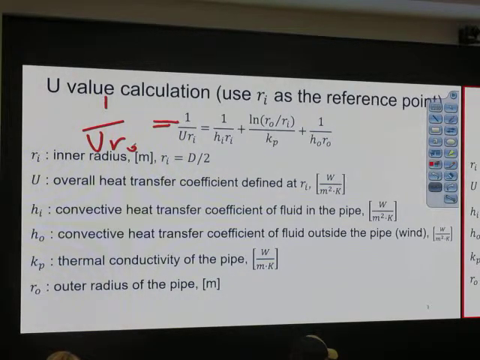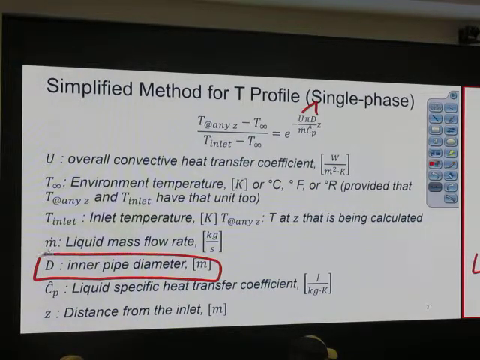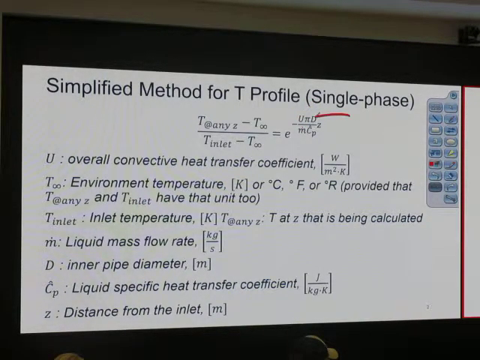Whatever it is, let's go back. You see that U is multiplied by D. If that D is the inner pipe diameter, that U has to be referenced at the inner pipe diameter. If we use that D for the outside diameter, that U has to be referenced at the outside diameter too.